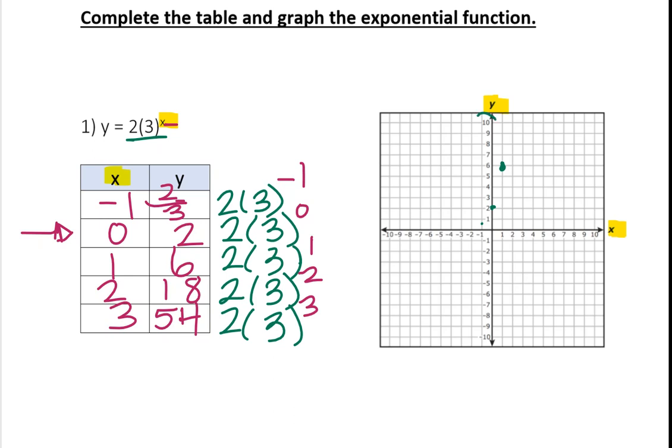But if you notice, my y values only go up to 10. 18 is probably going to be somewhere around here if I take a guess. So I'm just going to stop there, because 54 is definitely not anywhere near my graph. So I connect my points. Okay, and so this is going to be my graph.